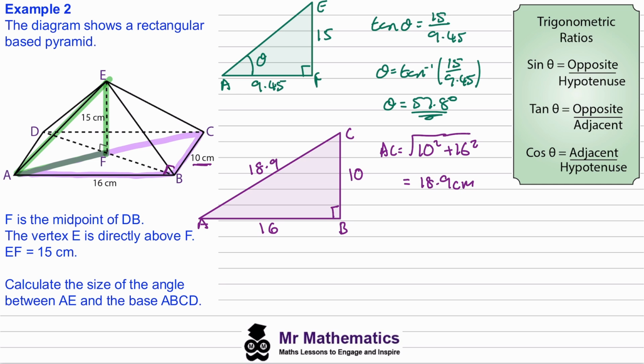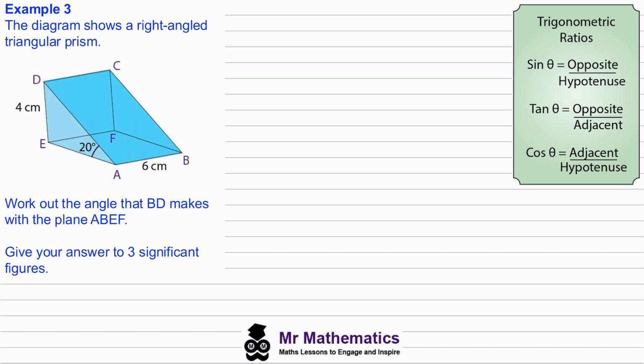Let's try one final question. So in question 3, we've been given this triangular prism, and we need to work out the angle that B to D, this line in green, makes with the plane ABEF, which is the base here.